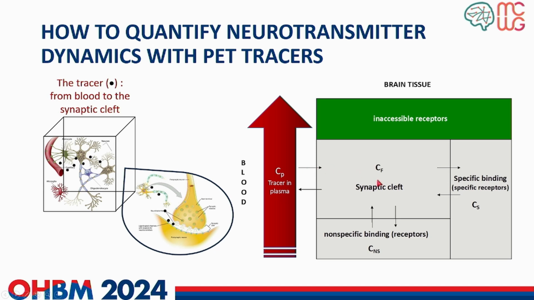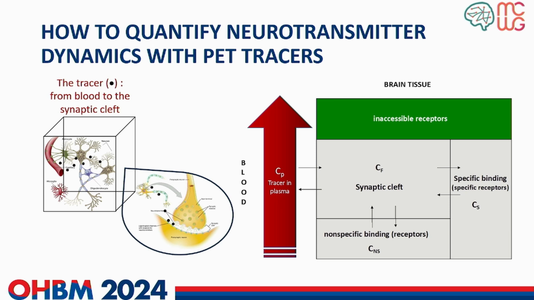There is a synaptic cleft where you can find the tracer, and here it can bind to the specific binding sites or non-specific binding sites. Normally there are association and dissociation rate constants to describe this binding process. This is a reasonable schematic vision of what is happening inside the physiology, and it is really easy to translate into a model.